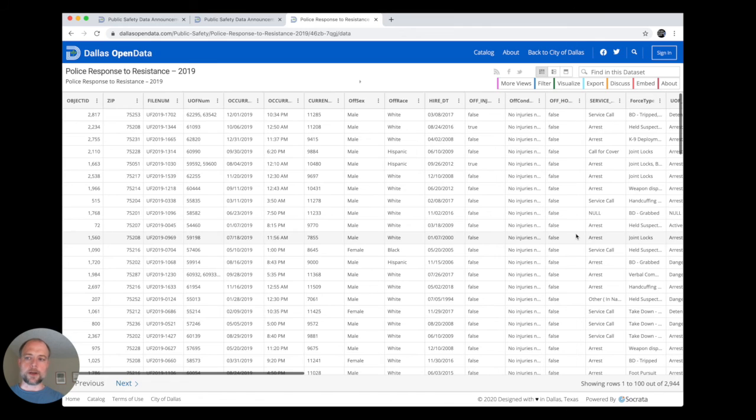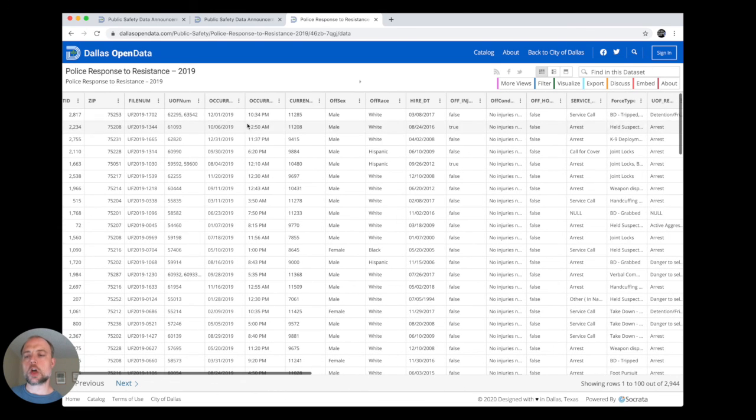Another thing I want to point out about this, there is almost no way to link this back to the incident data or the arrest data. We don't have the incident number, we don't have the arrest number. And notice some of these don't even result in an arrest. So we don't even have that information. What we can do, and this is where it gets really challenging, is we know the occurrence time and location.